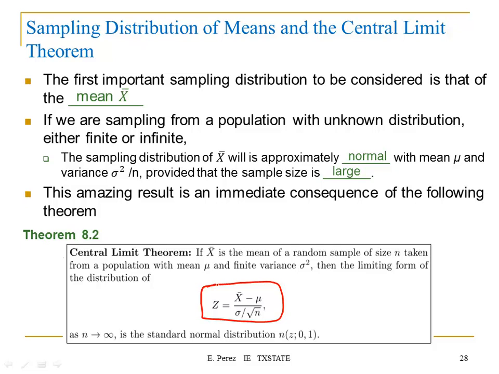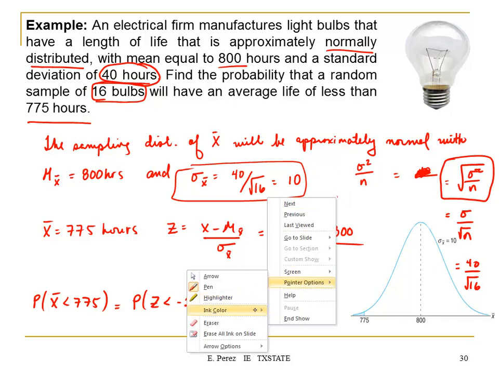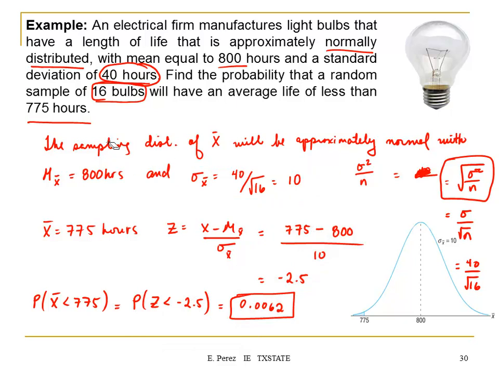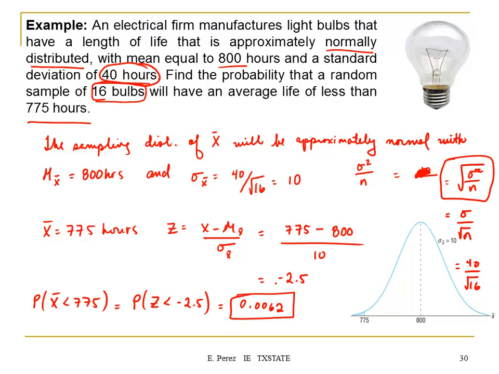So if we go back to the example that we discussed right here, instead of computing this sigma for the sample before, in order to compute that z value, I'm just going to go straight to this. z is going to be equal to x bar minus mu divided by sigma over the square root of n.